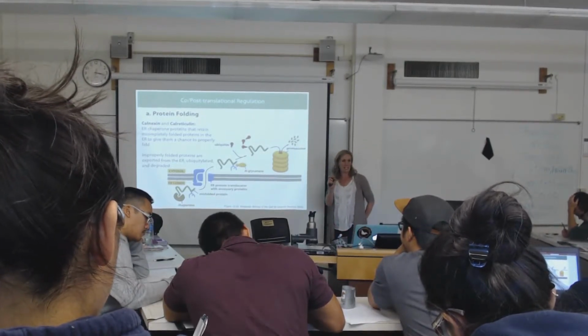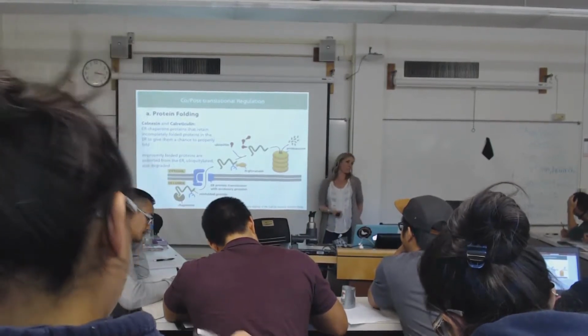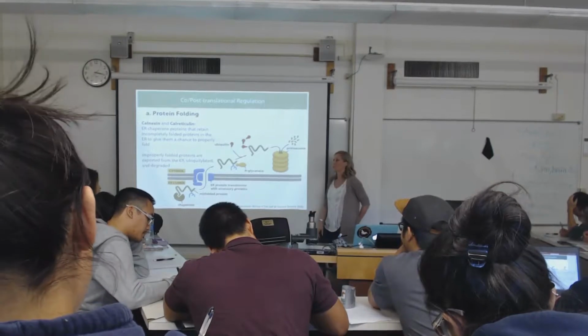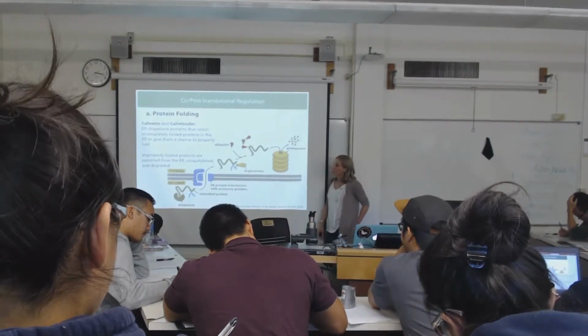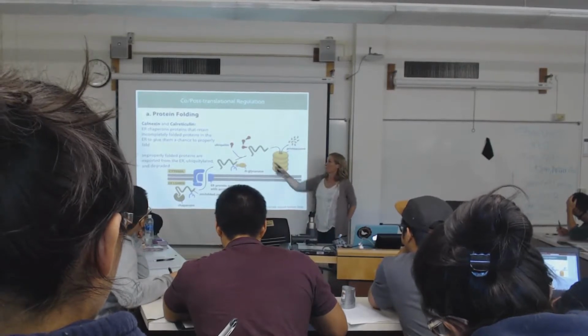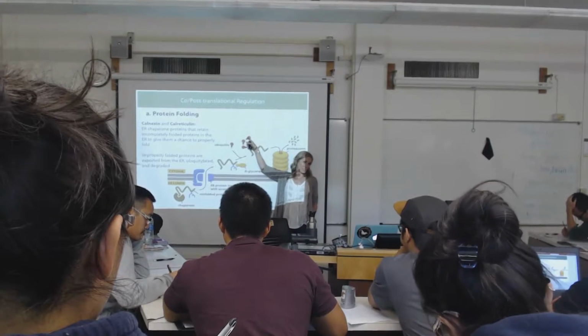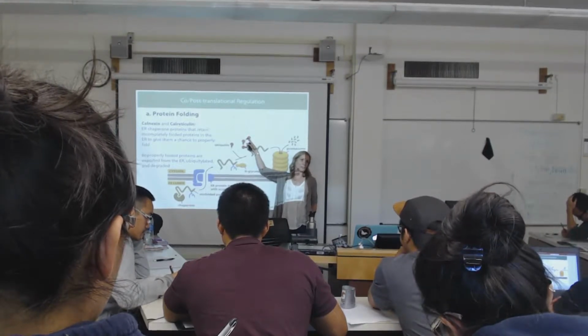Ubiquitin is a really tiny protein that can be added to really any protein. It's a type of covalent protein modification. But when it's involved in protein degradation, not just a single ubiquitin gets added, many ubiquitins get added. So that's called polyubiquitination.